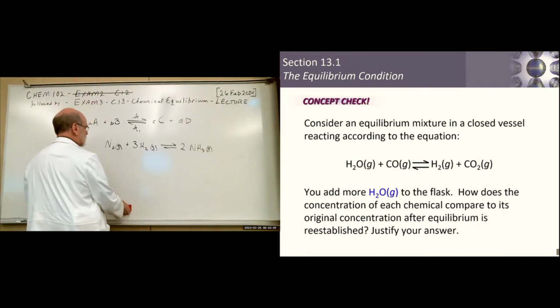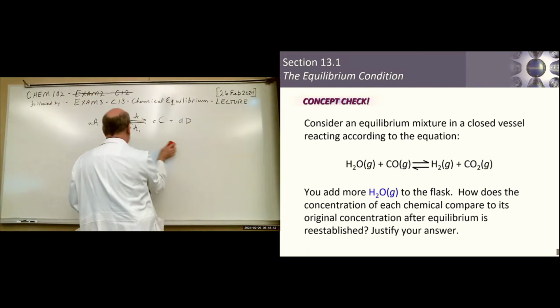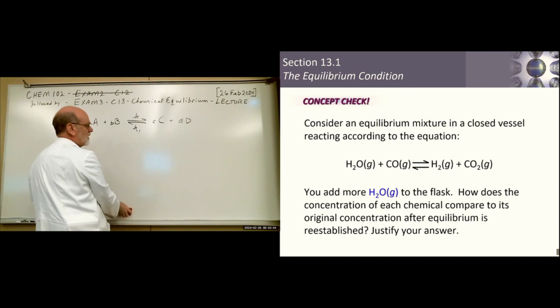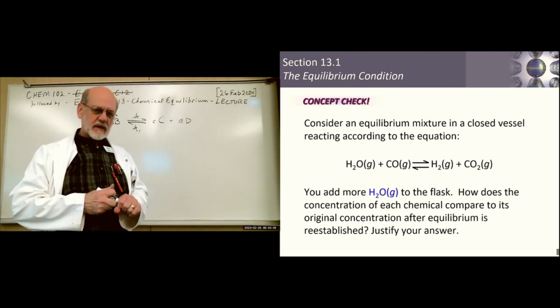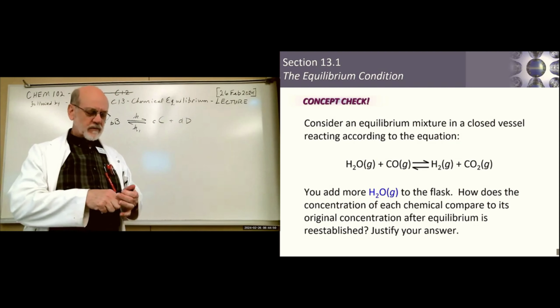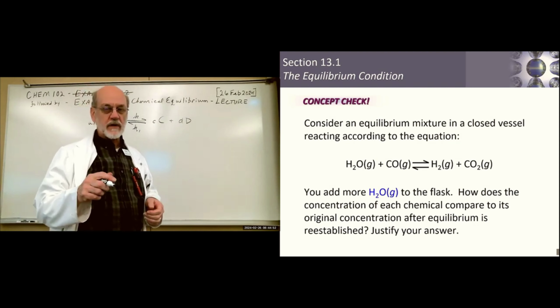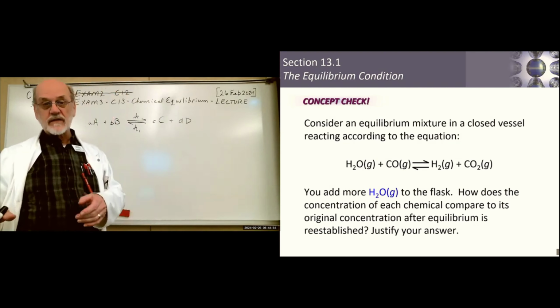All right. So with this equation, we're going to introduce, it's kind of a teaser, a topic that we're going to cover in more detail toward the end of the chapter.